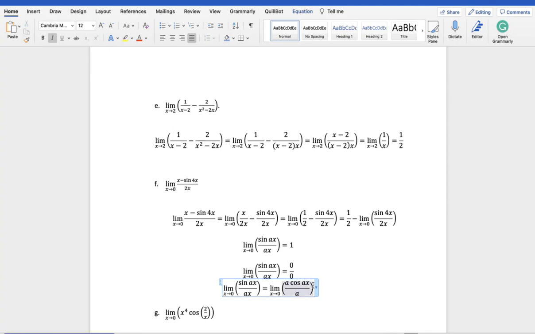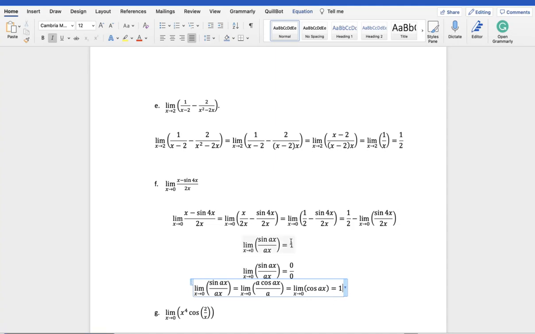When you simplify that, a will cancel in the numerator and denominator. So you will be left with the limit as x tends to 0 of cos ax, and that will just be 1.